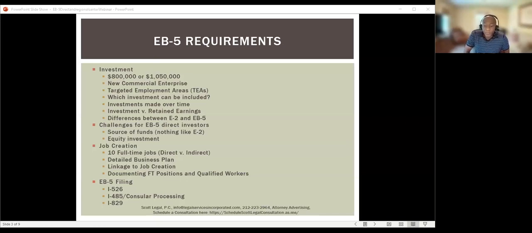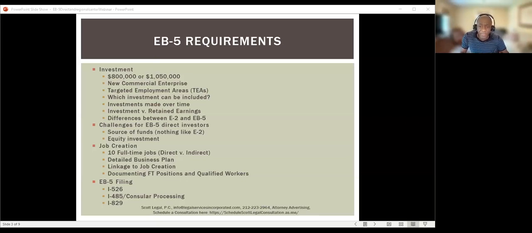Now, the other big difference between E2 and EB-5, and we'll talk about this in the context of source of funds, is that both visas have a similar requirement that you have to prove that the money came from a legitimate source. However, if we say that E2 is a 1 in terms of level of difficulty of this particular requirement, we would multiply EB-5 by 1,000, right?